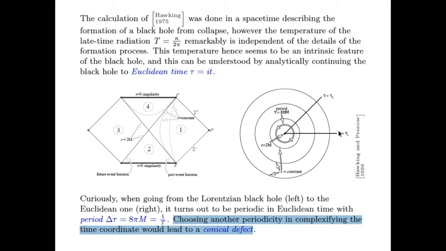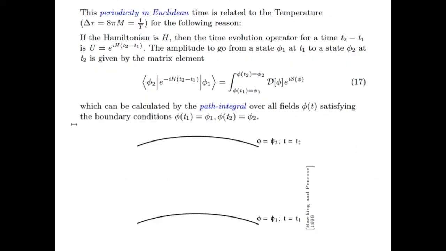And this would lead to problems. So this period is uniquely selected by the requirement that there should be no conical defect or deficit angle in the middle of this diagram. Good. And so the periodicity in Euclidean time is related to the temperature via this relation for a simple reason.